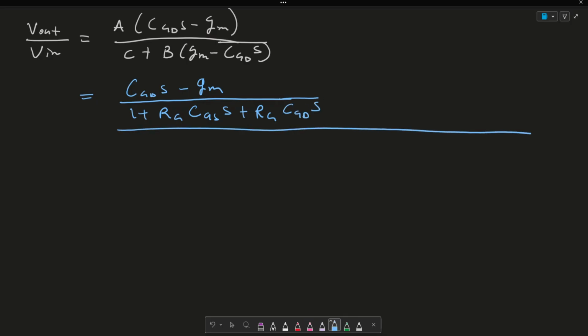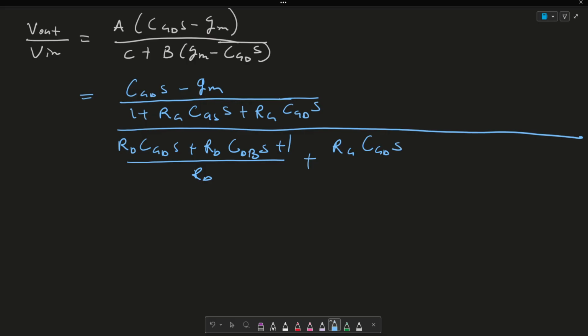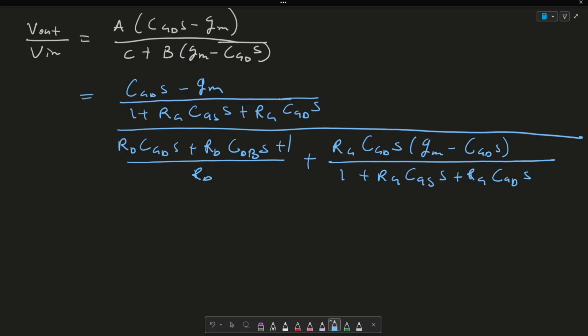And then in my denominator, I get this long equation, which is going to be C, which is RDCGDS plus RDCDBS plus 1 over RD, plus RGCGDS times GM minus CGDS over 1 plus RGCGSS plus RGCGDS. So I hope that makes sense. Essentially, these terms are coming from A, C, and B.